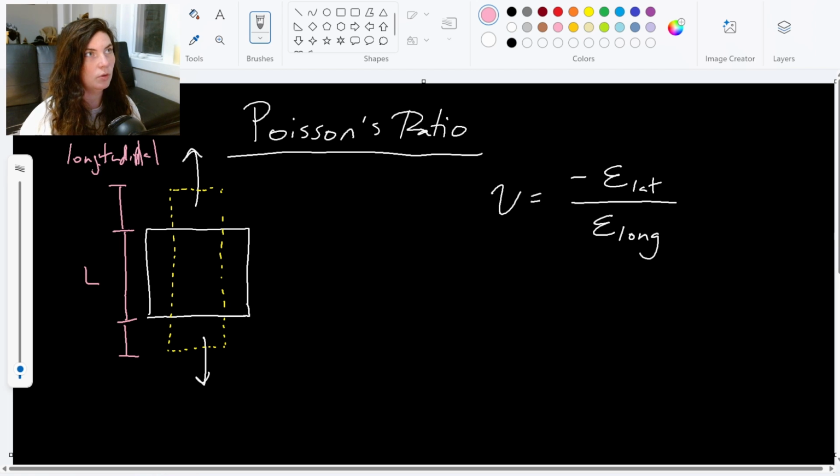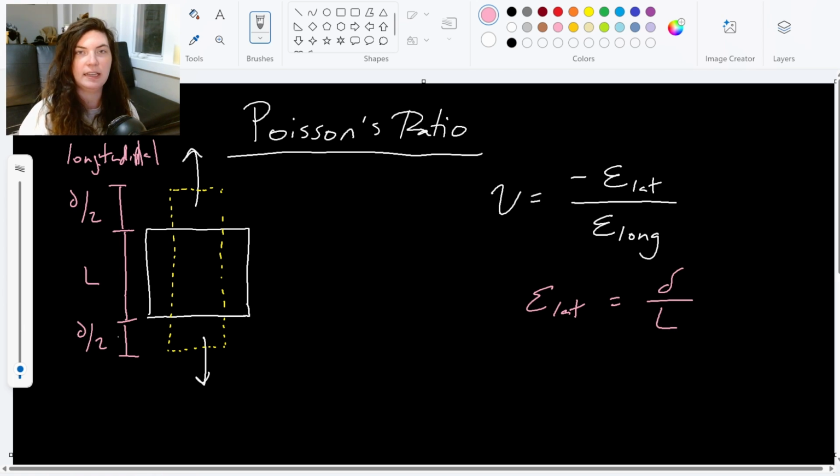The longitudinal one, it's getting longer. And this would be delta over 2 since it's on each side. Right, so here's a delta over 2. Where our longitudinal strain would be delta over L, right? And it stretches so that on each side it gets some additional material over what the original length was, assuming it moves in both directions out from the center here.